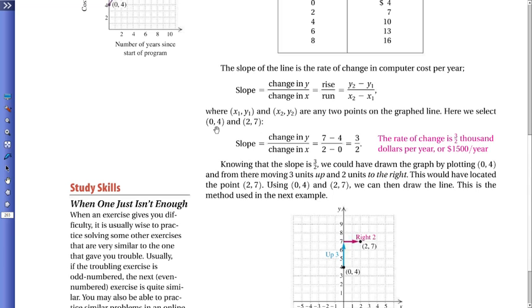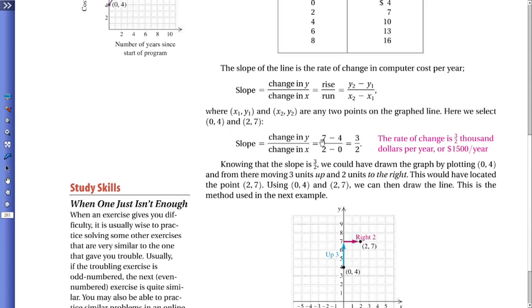I can take the y coordinates from these 2 points, and in this case they say this is point 2. That's why they put this here for y sub 2 is 7, the y coordinate for point 2. And they subtract 4, which comes from the y coordinate of point 1, the y sub 1.